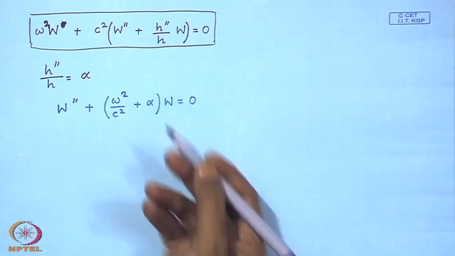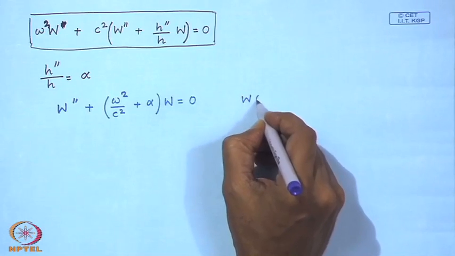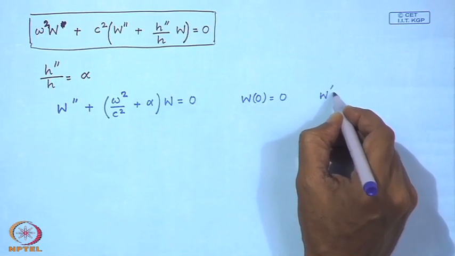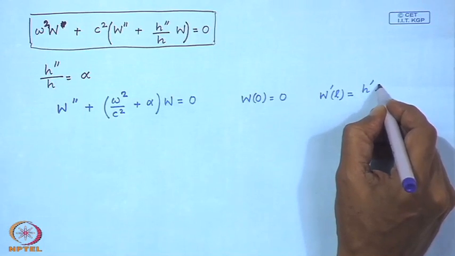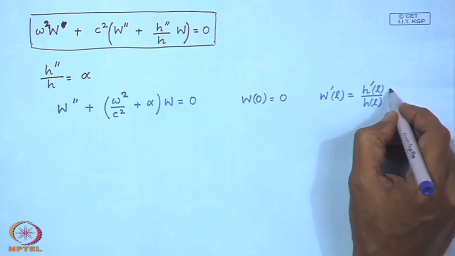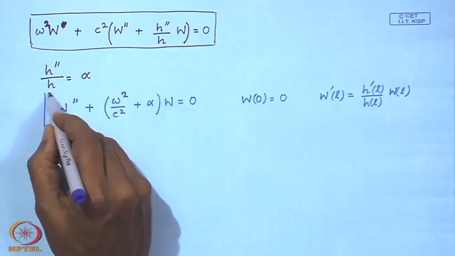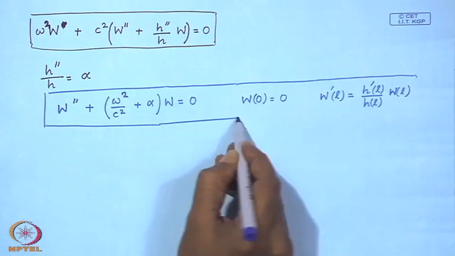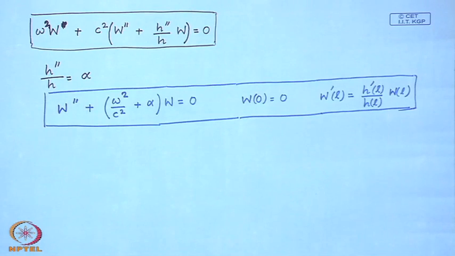Now the corresponding boundary conditions can be obtained similarly, and which turn out to be, so this is our new eigenvalue problem in terms of the variable w.